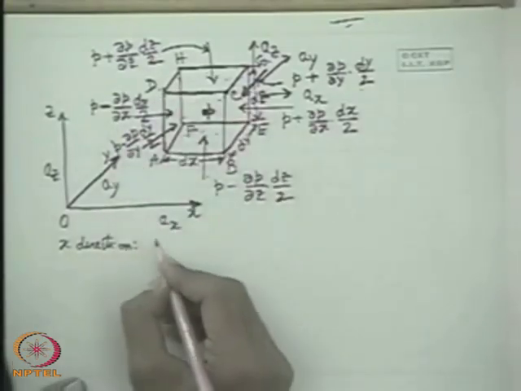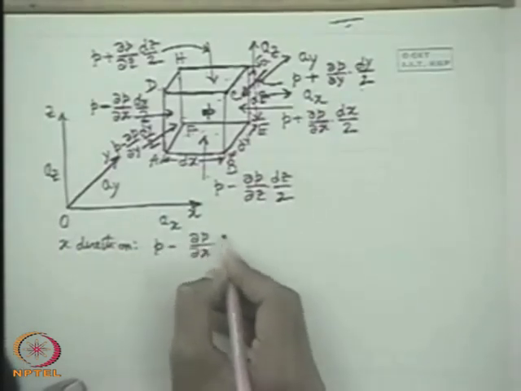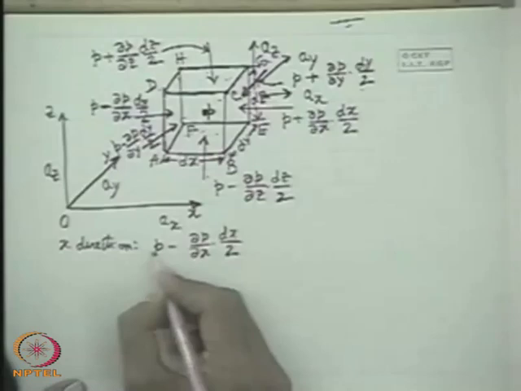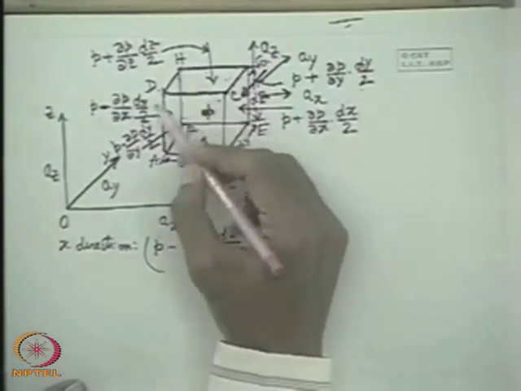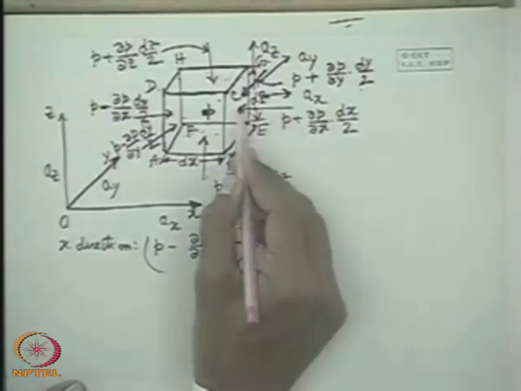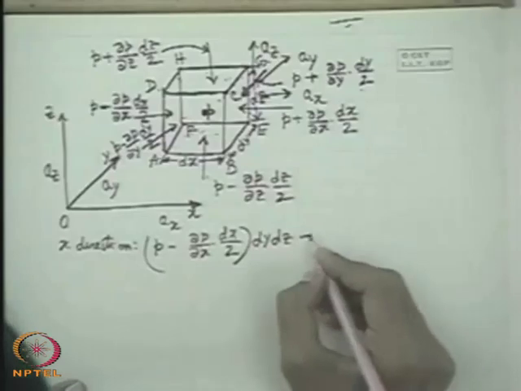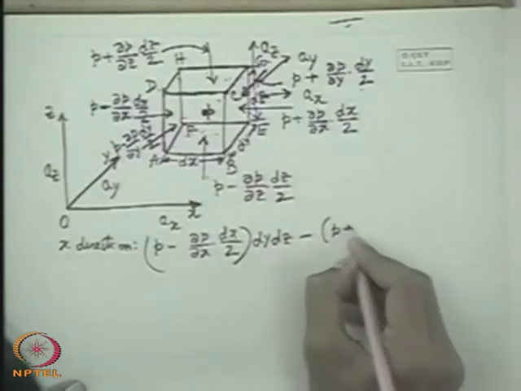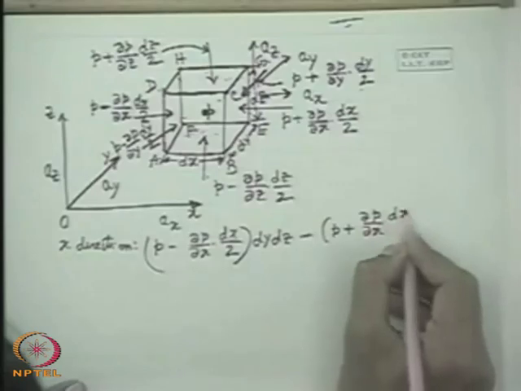So that will be P minus del P del x, dx by 2, into the area of the x plane, AFHD, which is dy dz, minus the force exerted in this direction due to the pressure in the CGEB plane, that is P plus del P del x into dx by 2.